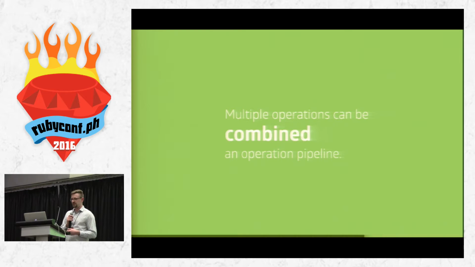If you have a business process that is more complex than the simple CSV export I just demonstrated, you might be inclined to split it up into multiple operations, especially if you have shared parts in your operations that could be used in different business processes throughout your application.